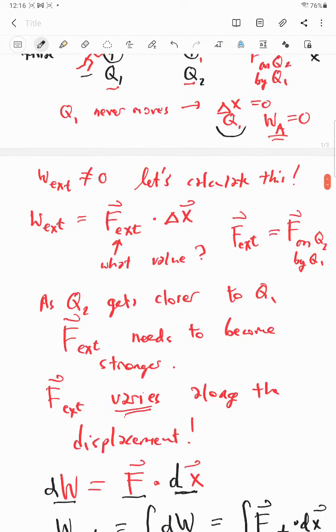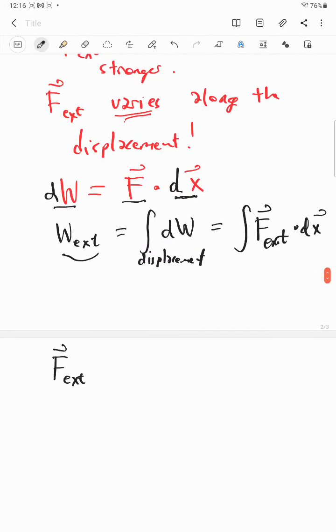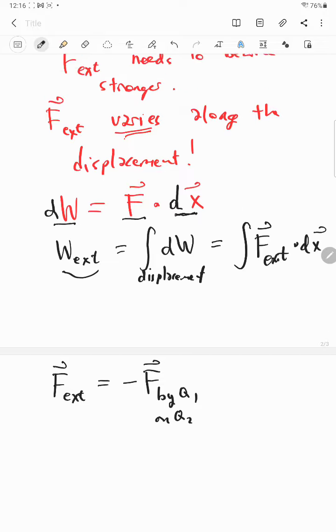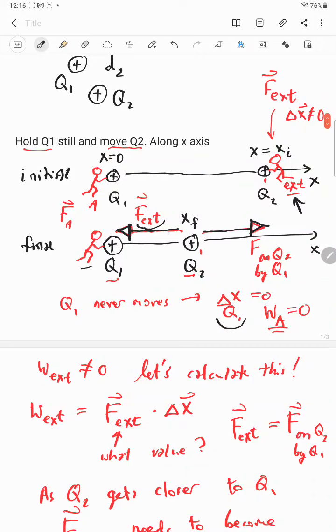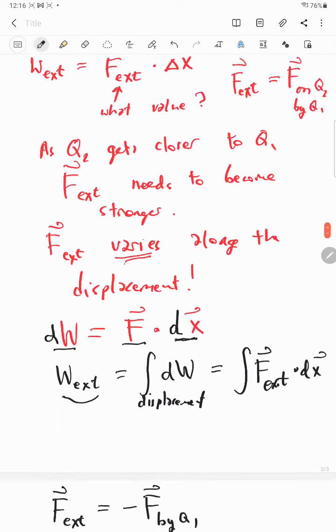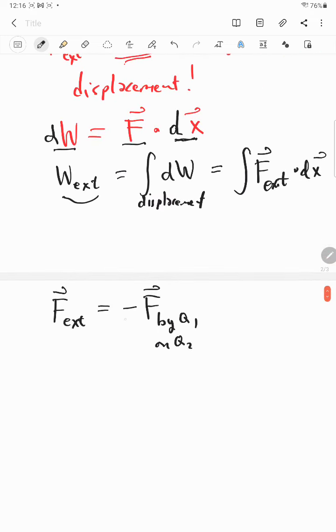So the idea here is we're just going to ask that the external person just supply the opposite of the force by Q1 on Q2. And if we do that, then these two arrows are the same in terms of their strengths, but they are opposite in their direction.